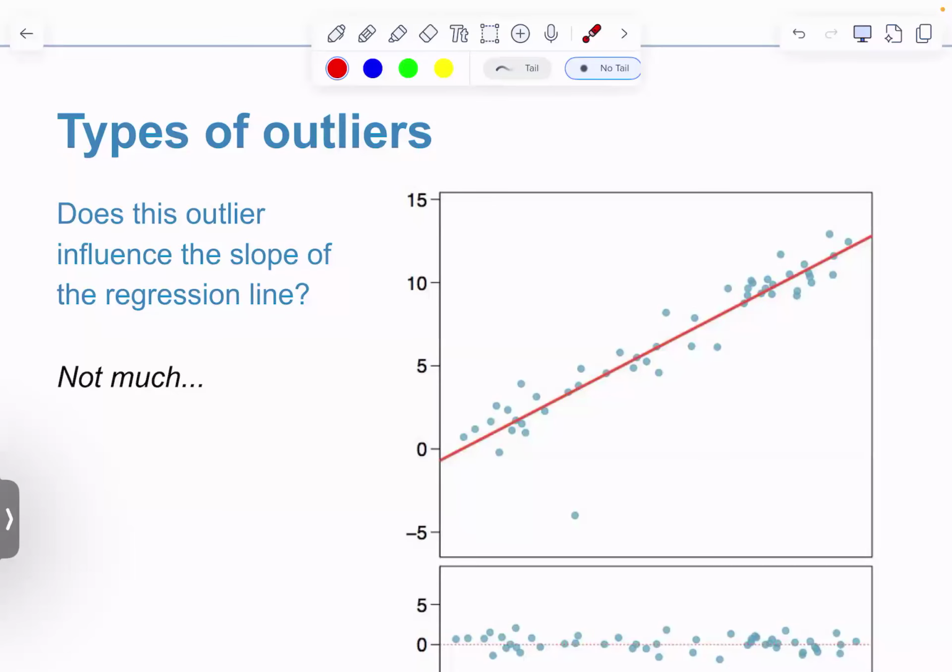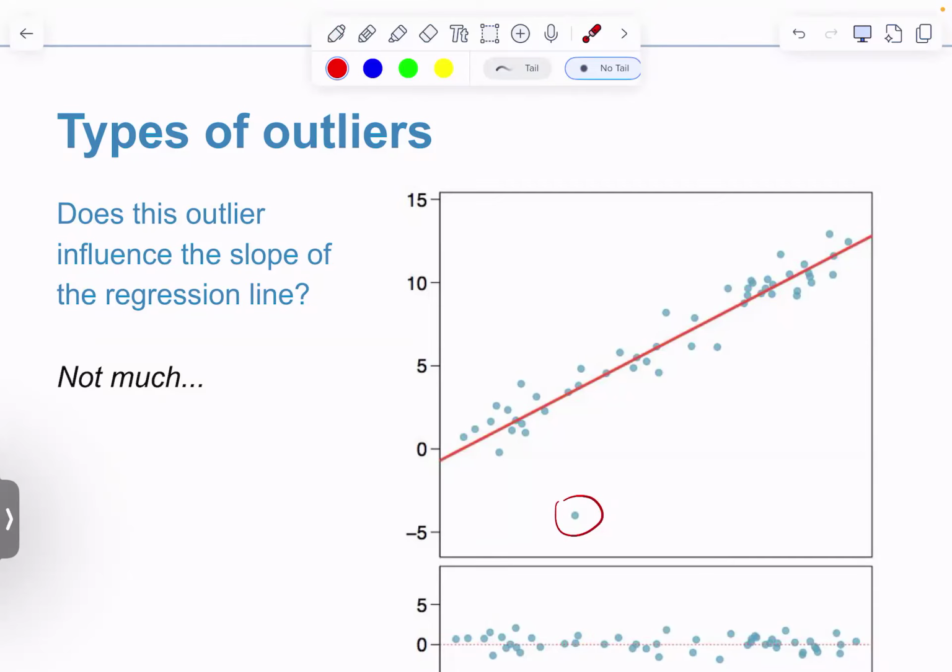Does this outlier, now where is the outlier? It's this little guy here, right? Does this outlier influence the slope of the regression line? Probably just a smidge, but I'm always keen to keep as many data points as I can.